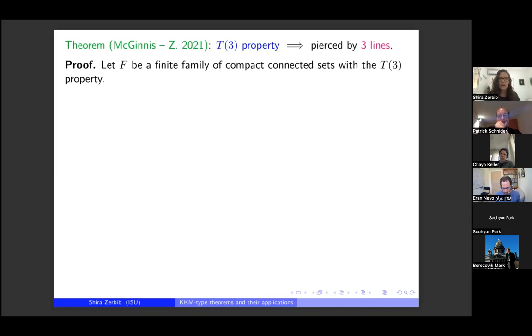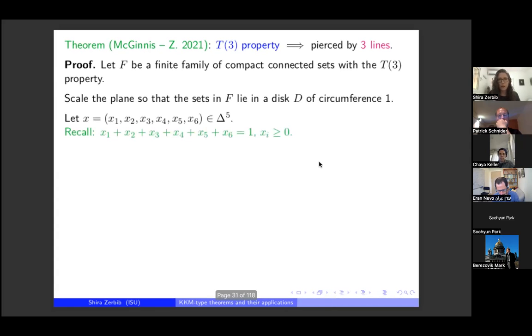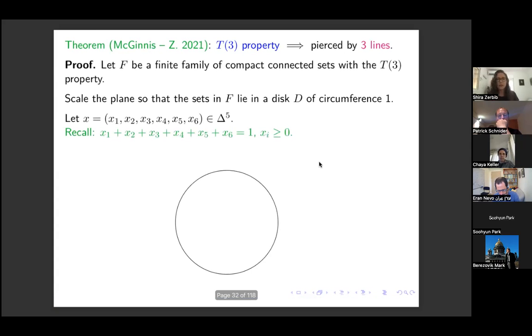Since the family is finite and the sets are compact, I can rescale the plane such that all the sets lie in some disk of circumference 1. So here is the disk with circumference 1.